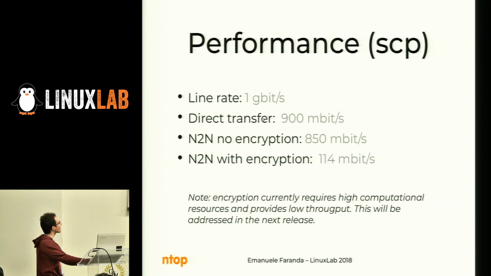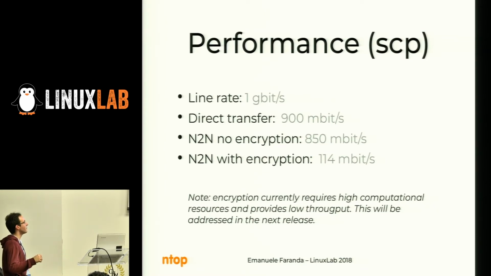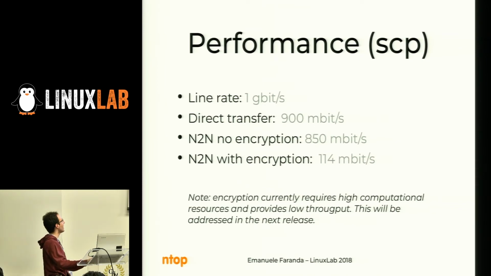We have a direct transfer of now 100 megabits. If we use n2n without encryption, which means if we do not add the -k option, then we reach 850 megabits, which is a good result. The problem is that if we enable encryption, we only reach 1/8 of the actual rate.